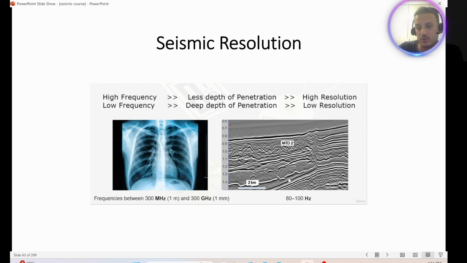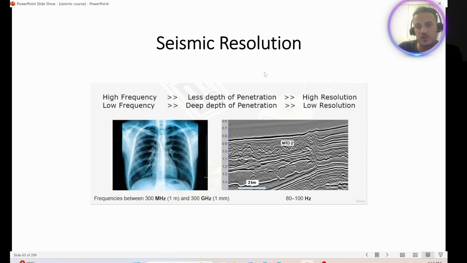With high frequency, we can detect the difference between the layers very easily. But with low frequency, the resolution is poorer, but it will be helpful to detect the deeper layers. So this is all you need to know about seismic resolution.